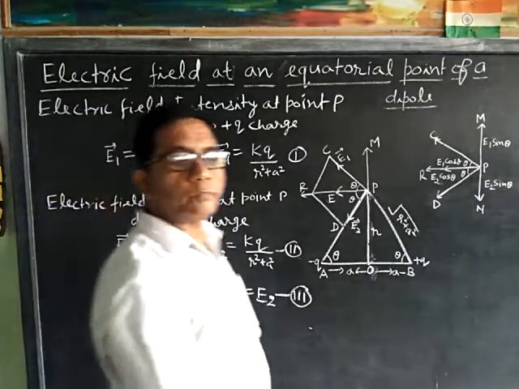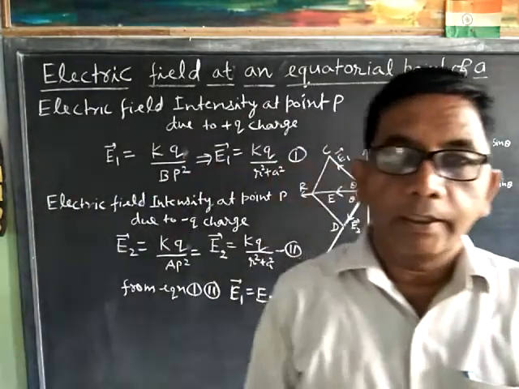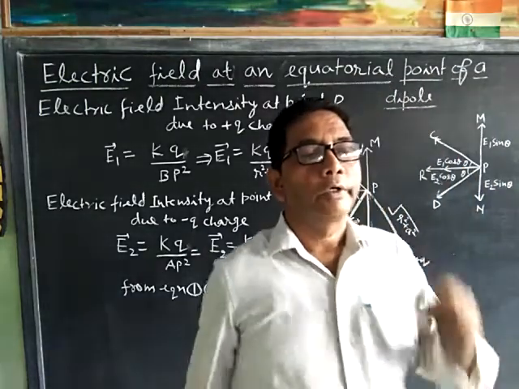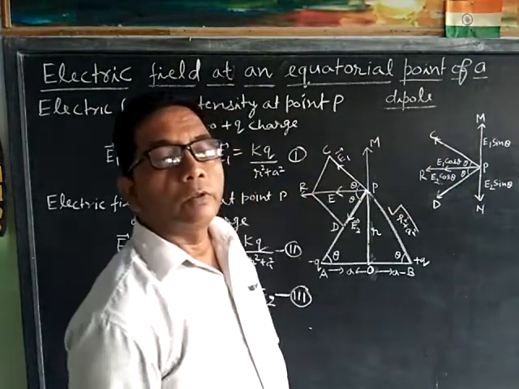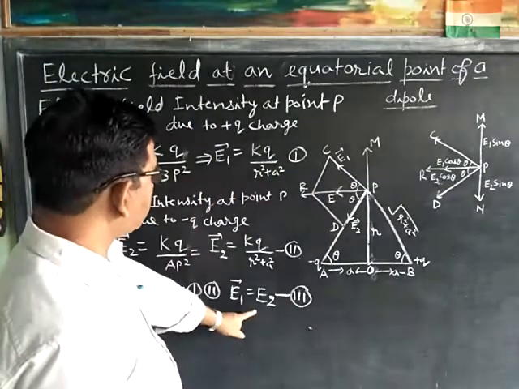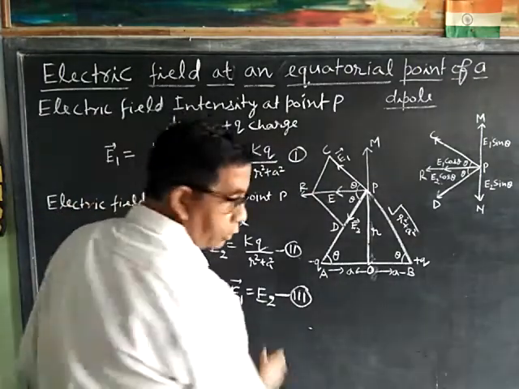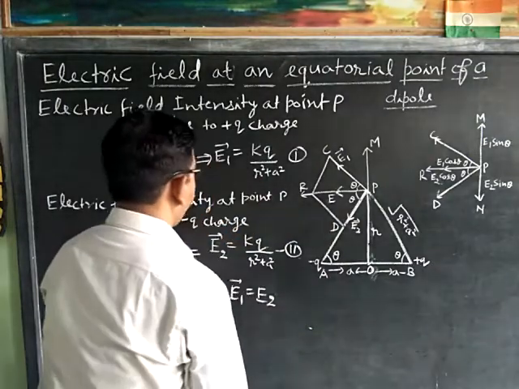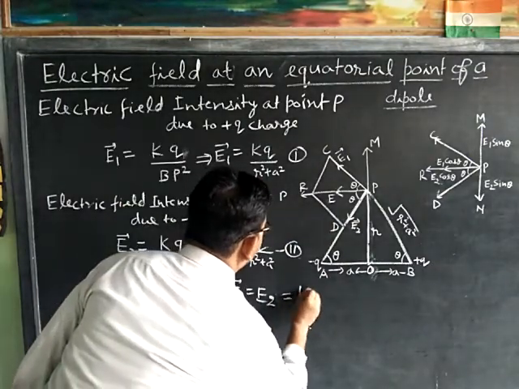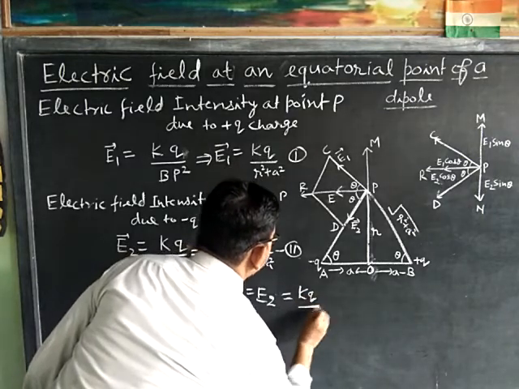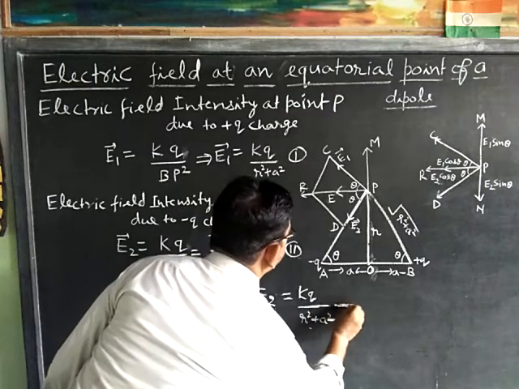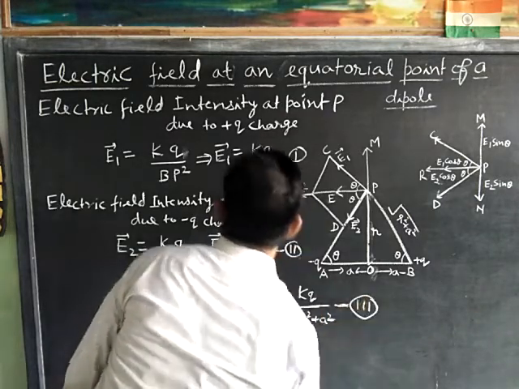Now we have seen that electric field E1 is equal to electric field E2, so we can write E1 is equal to E2 is equal to KQ upon r square plus a square. Suppose this is my equation third.